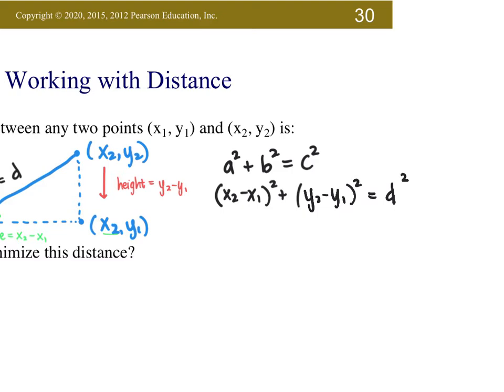So if I want to get d by itself, I'll apply a big square root to both sides, and the square root will cover the whole thing. x2 minus x1 quantity squared plus y2 minus y1 quantity squared. The square root does not cancel out the squares because it's an addition problem.